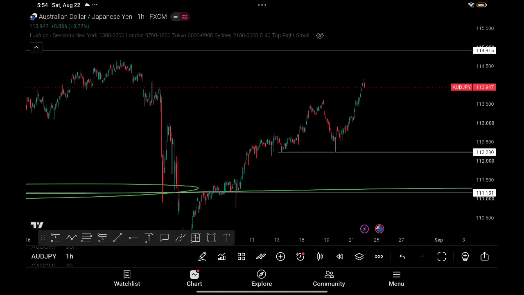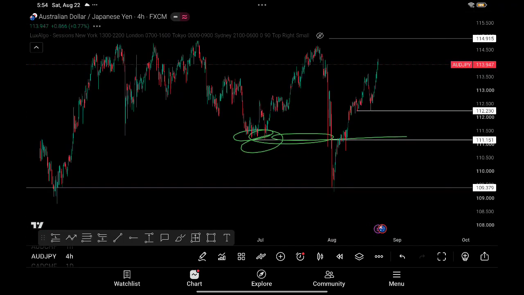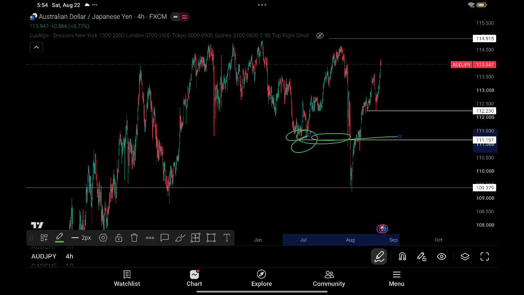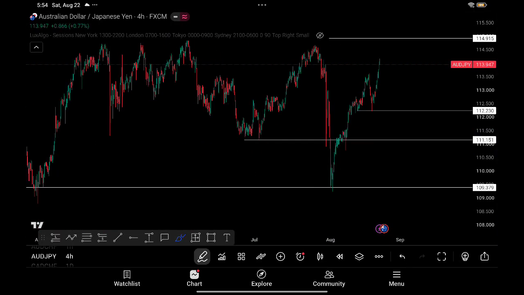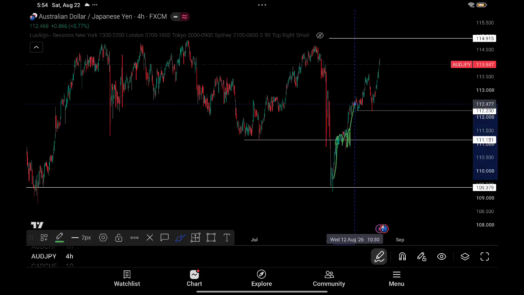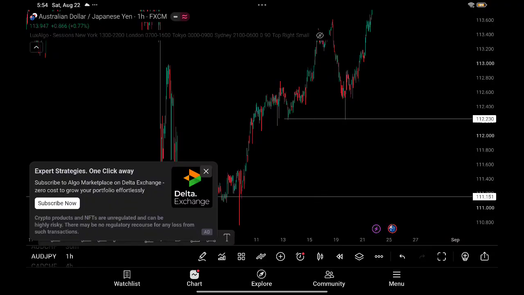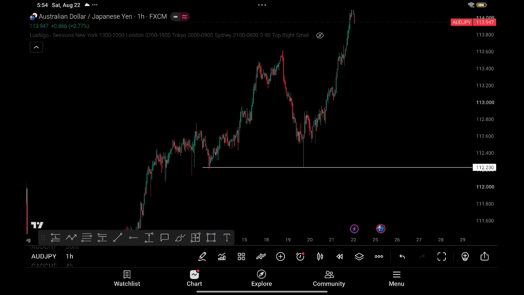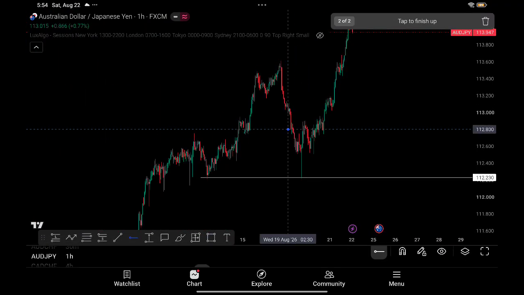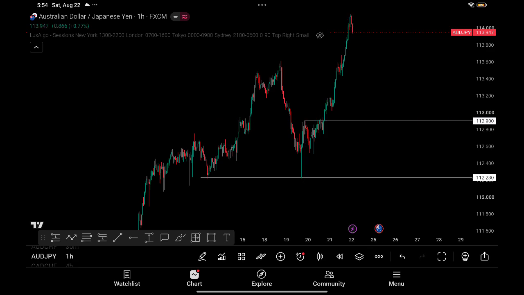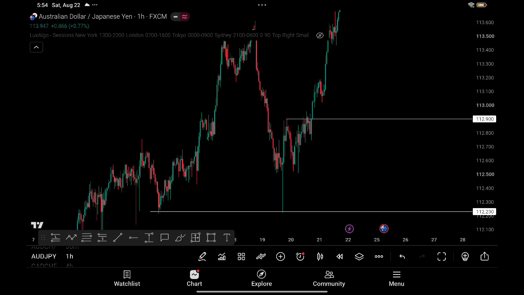We got reacted from this big point right there, big daily point, and then the price moved to the upside like this, right? So let me zoom in a bit. So yeah, this was here, price got reacted from there.